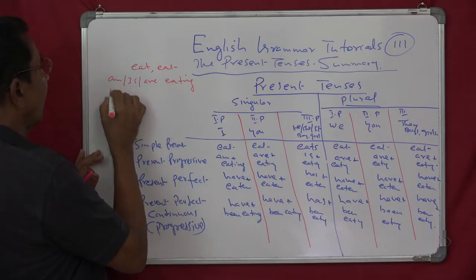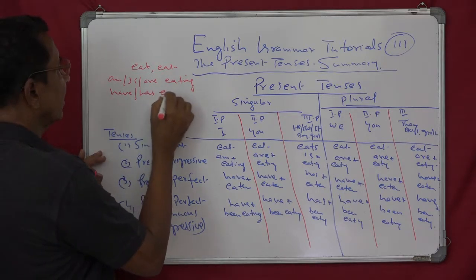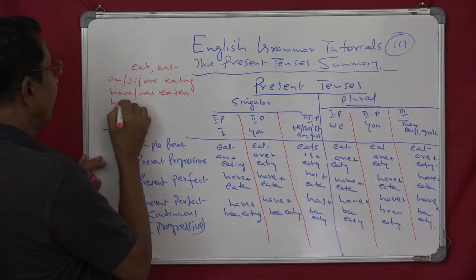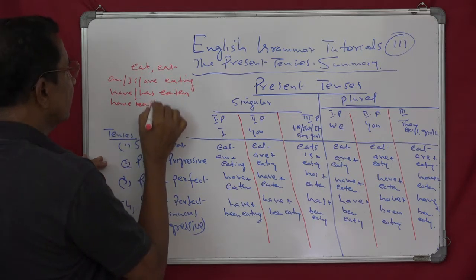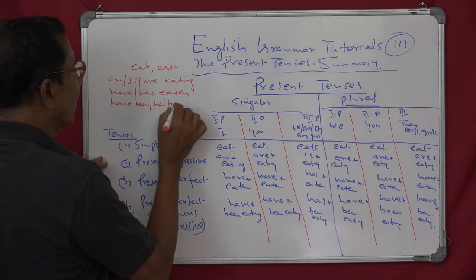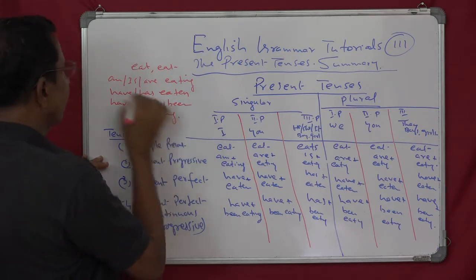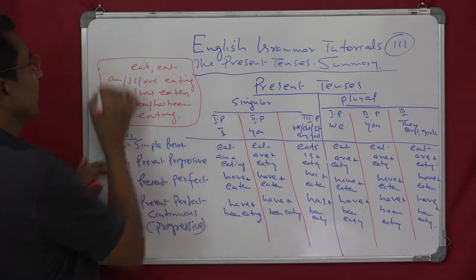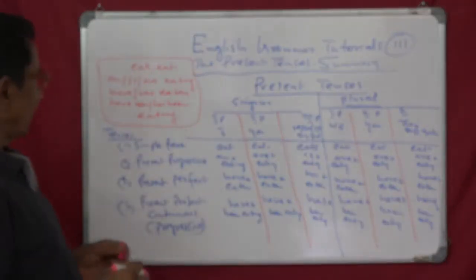Then you go to have, has eaten, have been, has been eating. This will be the shortest summary of the present tenses.